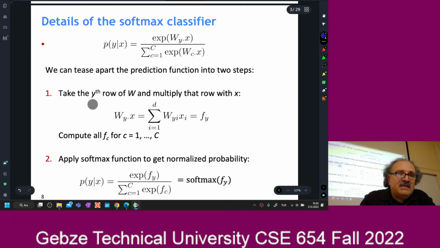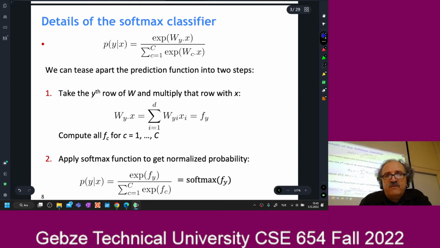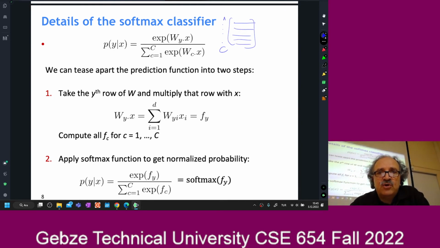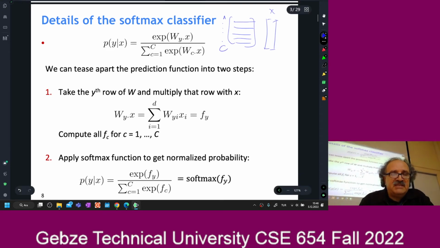Take the y-th row of W and multiply that row with X. So if W has rows from 1 to C, multiply that row with this feature vector X, and it's going to give you a scalar number.